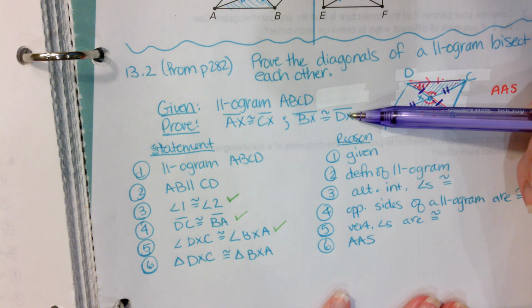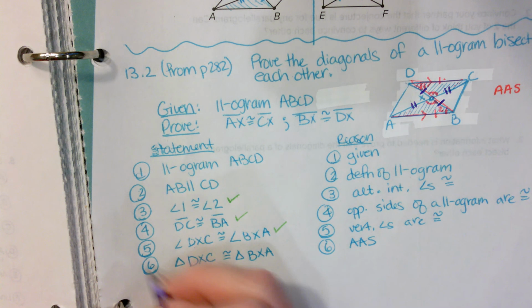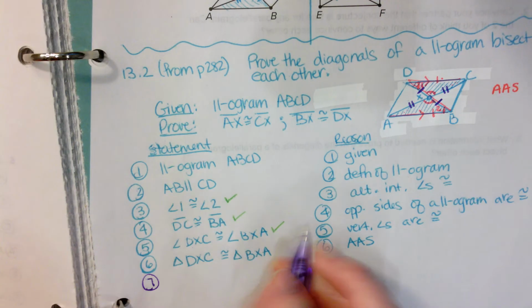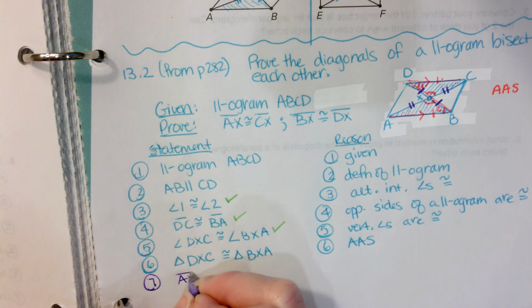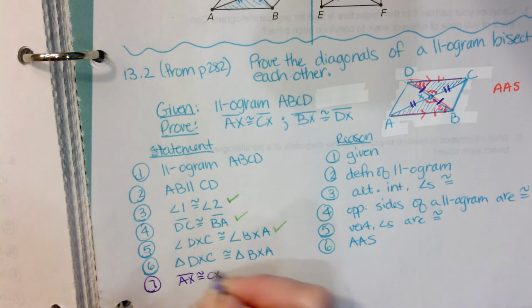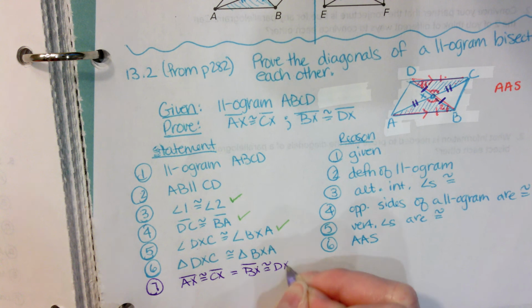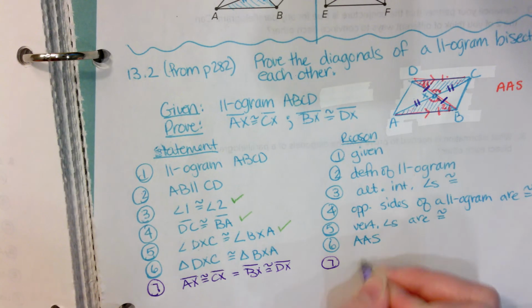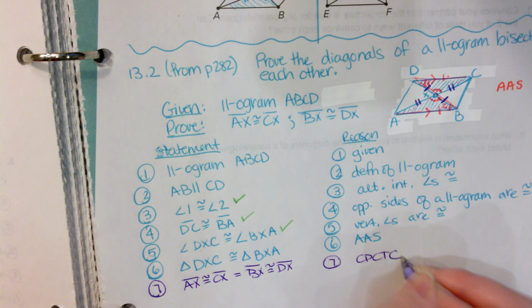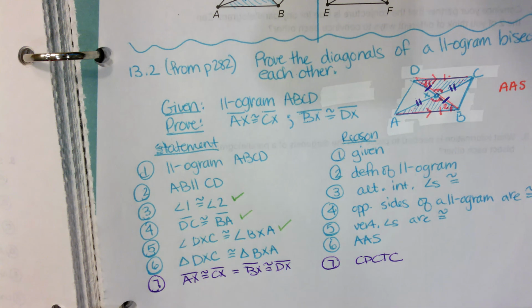Those are the different bisected halves of the diagonal. So I'm going to end this by writing what I'm trying to prove, AX congruent to CX and BX congruent to DX, and that's simply because of CPCTC. And I have proven that the diagonals of a parallelogram bisect each other.